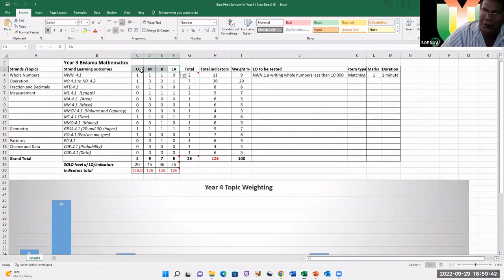But with SOLO, we include all four levels: unistructural, multistructural, relational, and extended abstract. Now, why? Because the object determines the difficulty of the learning outcome.